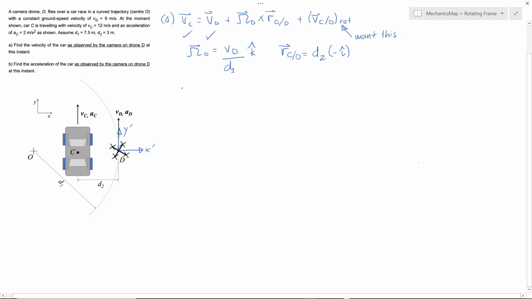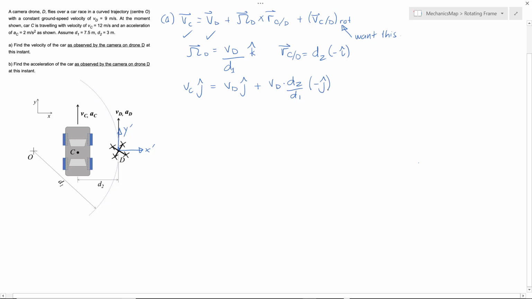When we write this out, we can say that VC in the J hat direction equals the magnitude VD, also in the J hat direction, plus VD times D2 over D1 in the negative J hat direction.